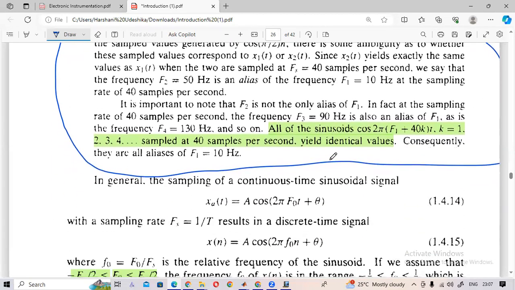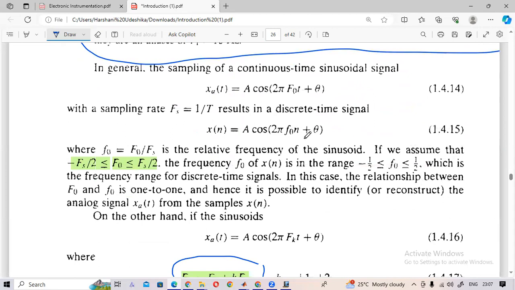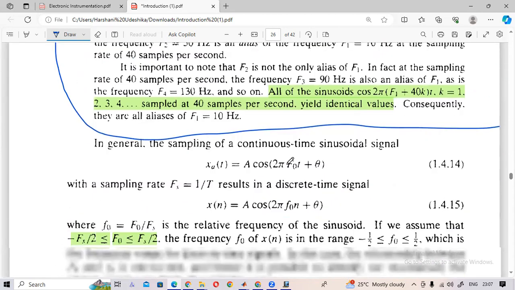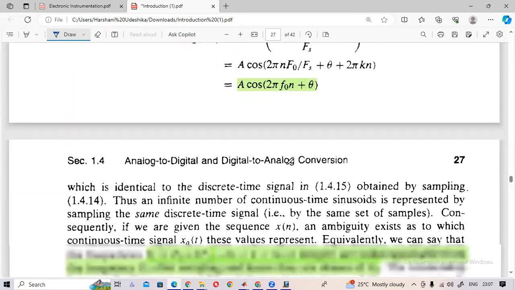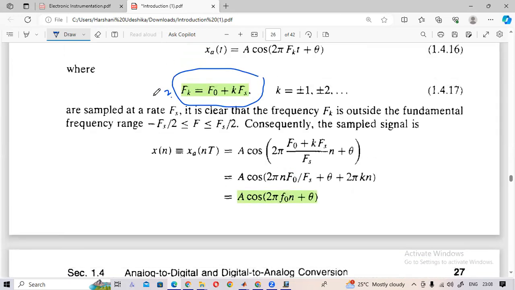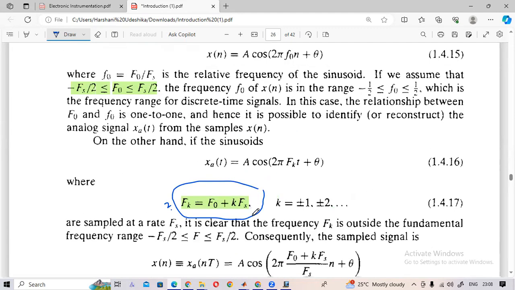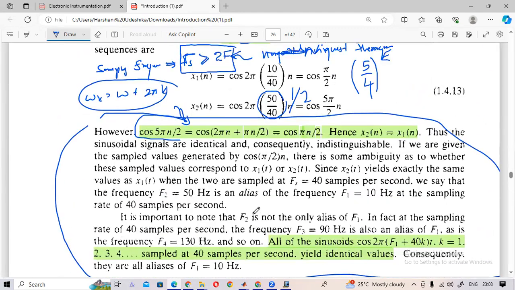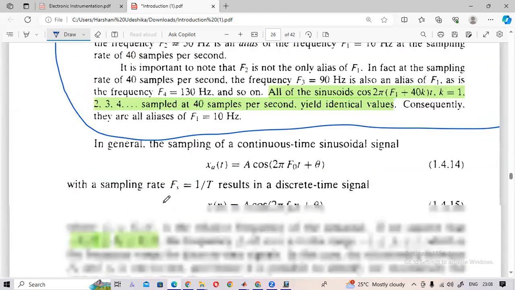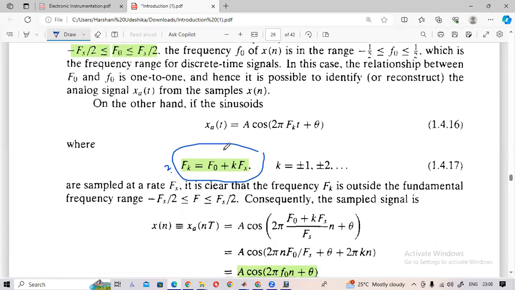Draw the signal yourself and try to understand how the aliasing is happening. Then try to understand this equation also. This equation should definitely be derived using this one. Please check it. If not, I will explain it next week.